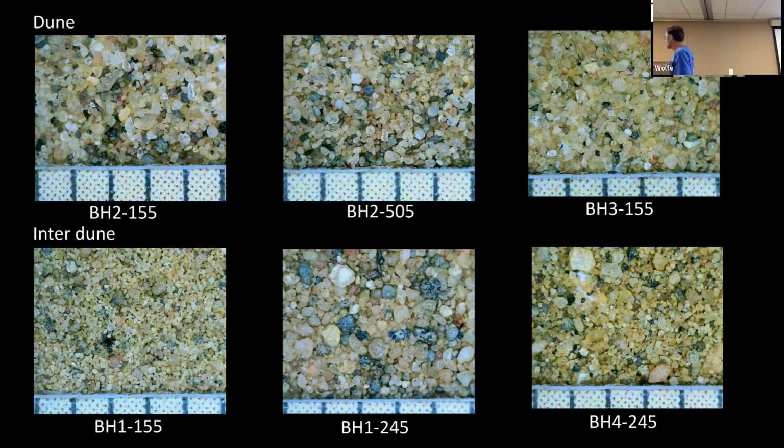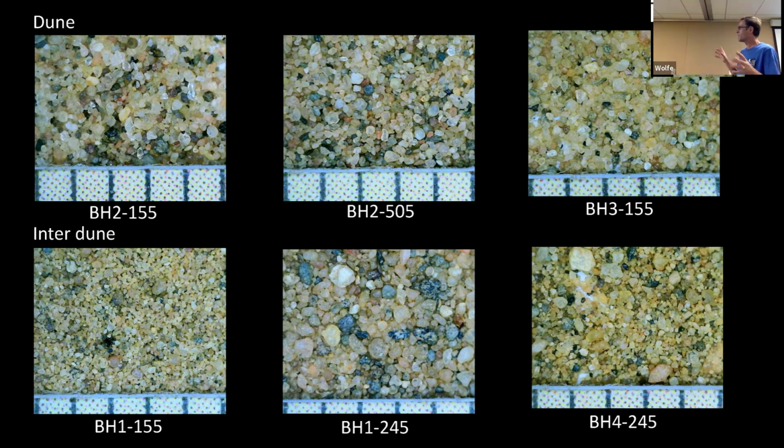And the other ones, they're all kind of messy. They're all over the place. Some are big, some are small. And the other thing we notice is that they're not really as clean looking. Sure, they're yellow, but start to look at the grains. They have coatings of silt. They're dirty, not like these dune sands.